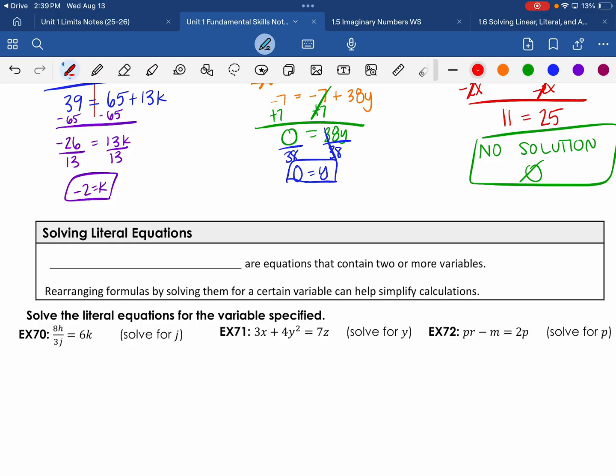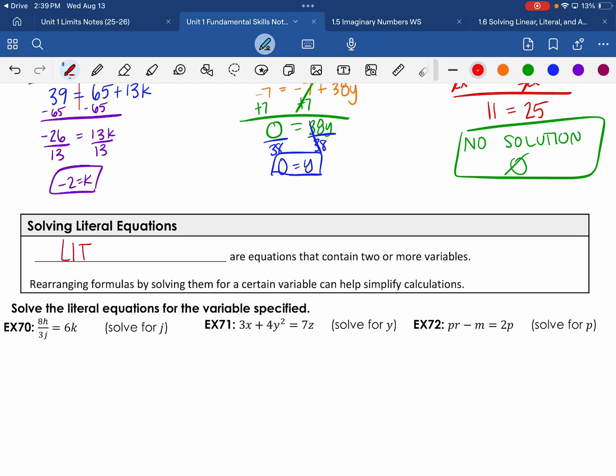All right, literal equations are equations that contain 2 or more variables. All the equations that you just solved probably had just x or some other single letter. Now we're going to have x and y and z and h and j and k and all kinds of letters. To solve for one of the letters, we just want to rearrange the formula.